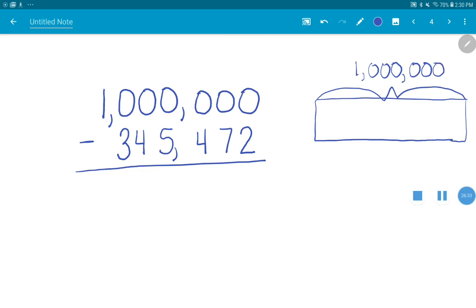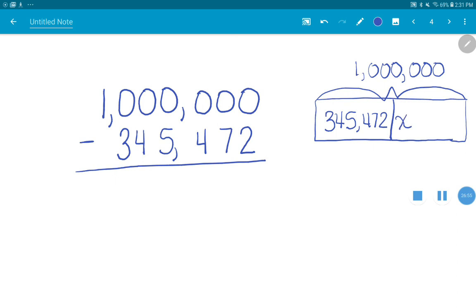So if I have 6 zeros and the part that I'm taking away doesn't have any zeros, how many times am I going to have to regroup? A lot. How many? 6 times. Yeah, I've got 6 zeros, so I'm going to have to regroup 6 times.